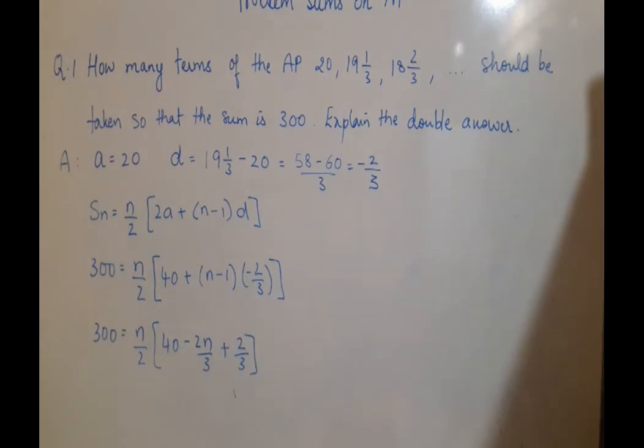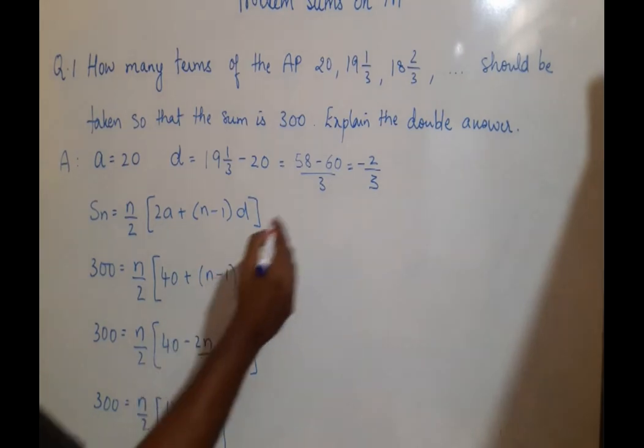Now solving it further, we get 300 equal to n upon 2. Now these two numbers can be added. How do you add them? 3 into 40, 120, 120 plus 2, 122 upon 3 minus 2n upon 3. Now here on the numerator we'll take out 2 common.